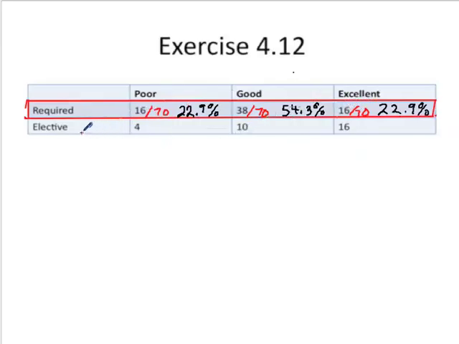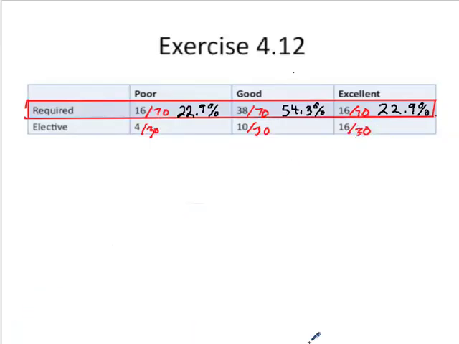Now, same song, second verse for elective. We have to do it for electives also. So notice in the electives we got 4, 10, and 16, which have 30 in total. So stay with the same color coding here. So we'd have 4 30ths, 10 30ths, and 16 30ths respectively.